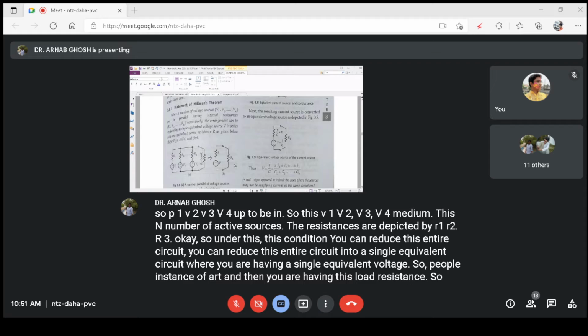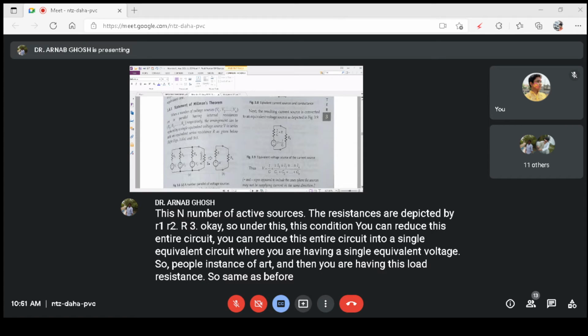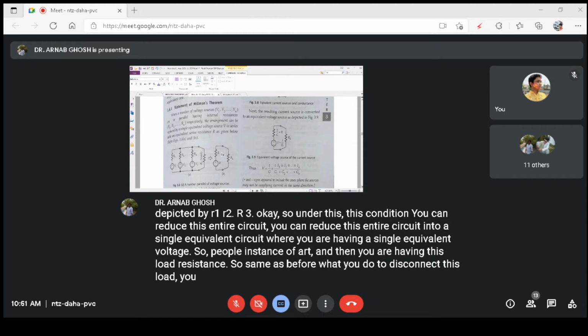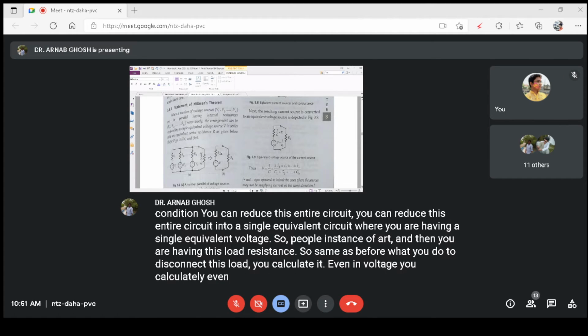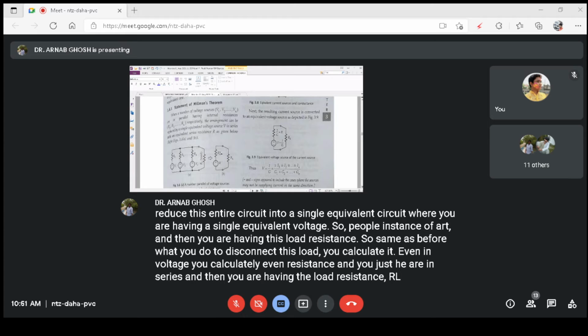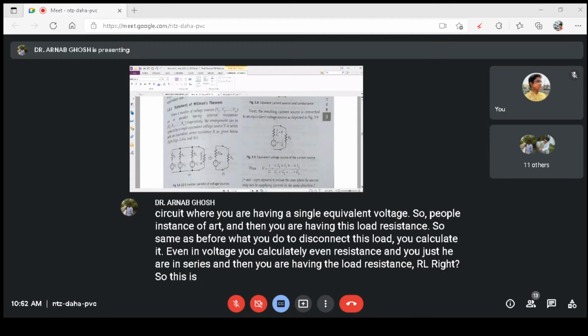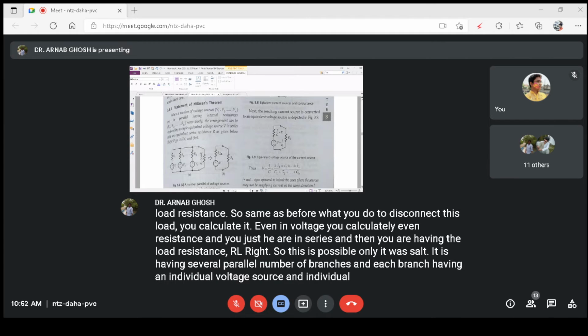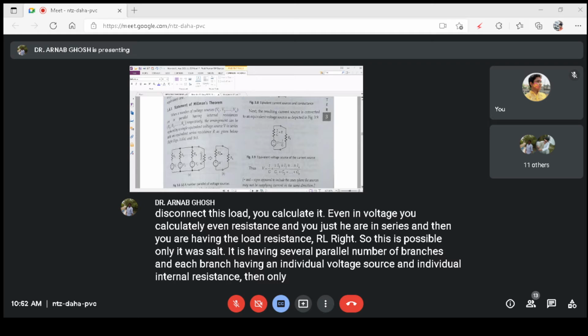So same as before, you calculate the equivalent voltage, you calculate the equivalent resistance, and you just connect it with R in series with RL. Right? So this is possible only if a circuit is having several parallel branches, each with an individual voltage source and individual internal resistance. Then only this is viable. This is allowed.